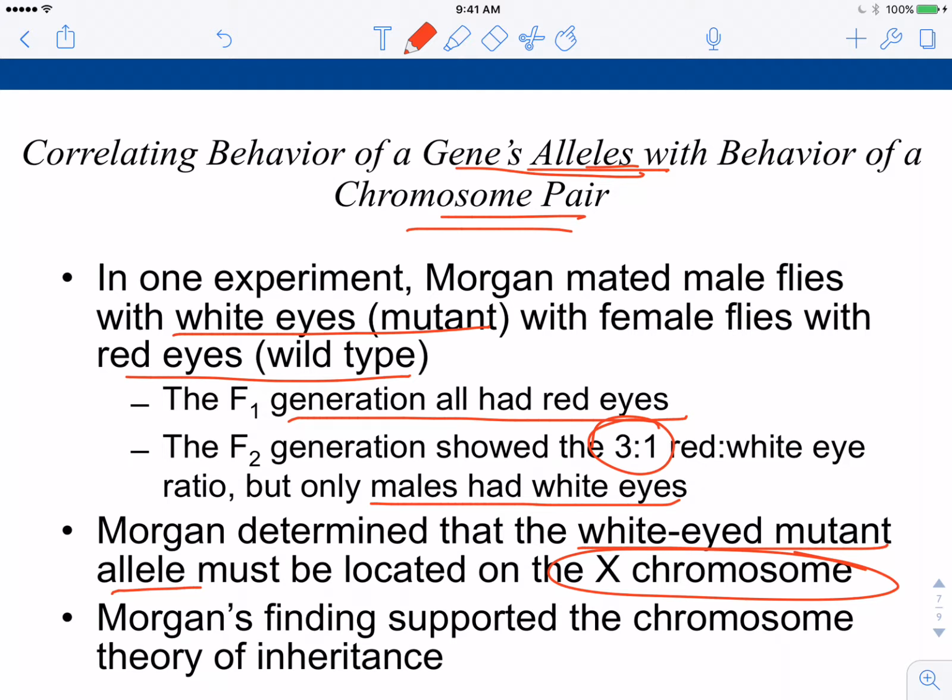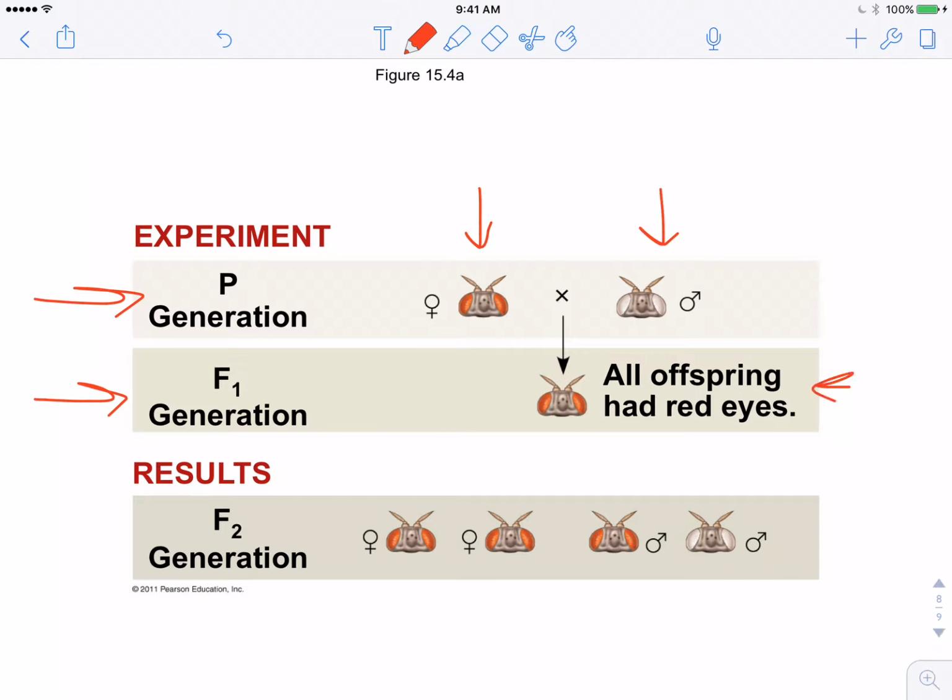This finding supported the fact that alleles and genes have specific locations on specific chromosomes. Looking quickly at the data: the parental generation was female wild type and male mutant. In the F1 generation, all the offspring had red eyes regardless of sex.